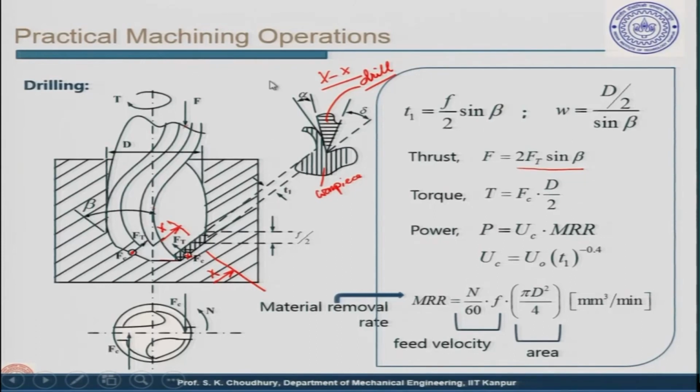But here I would like to tell one thing. The drilling process is the process in which you are initially making the hole. There is nothing in the workpiece and you have started drilling a hole.